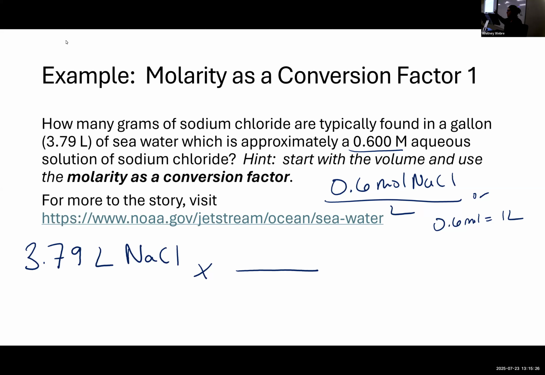So think about the periodic table elements. The units on there are grams per mole. If I want to get to grams, what do I have to get to first? Moles. So if I set this up, I want moles, and then I can convert to grams. So that means I need to put 0.6 on top, because that's the numerator in moles. And I put the liters on the bottom, because I want those liters to cancel.